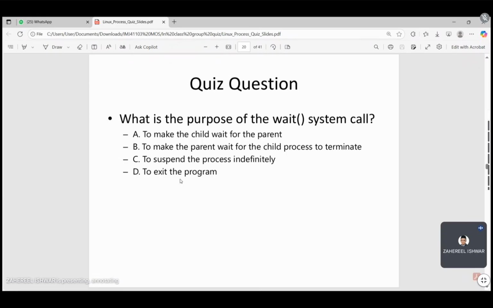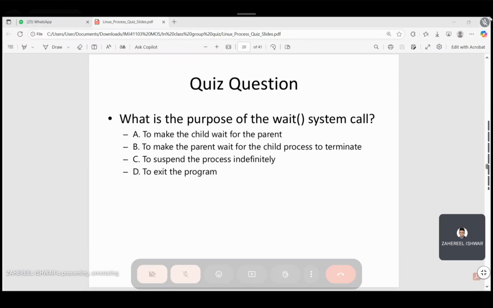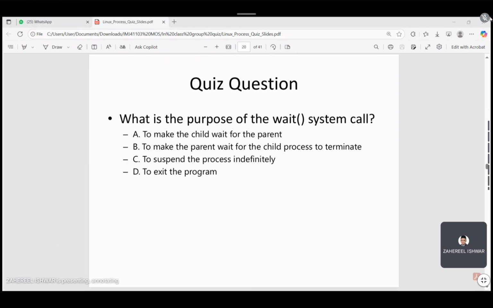Now, what's the purpose of the wait system call? The child doesn't issue wait for the parent. Only the parent process issues wait to the child. I'm not happy with your response, which tells me you maybe didn't take up the challenge to execute those.